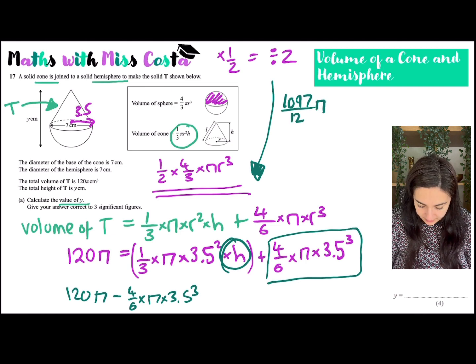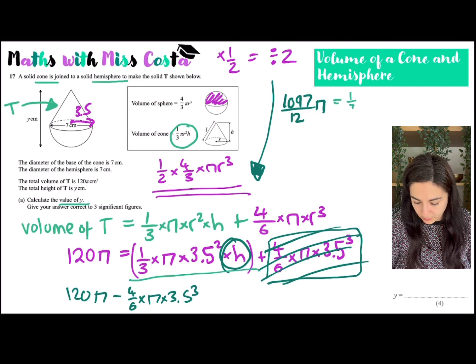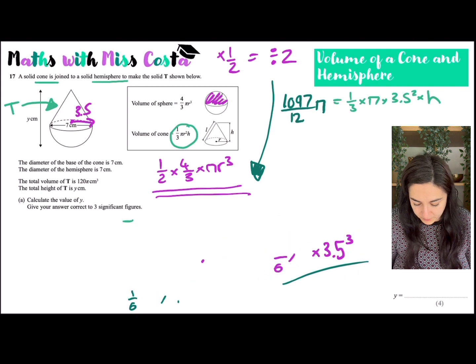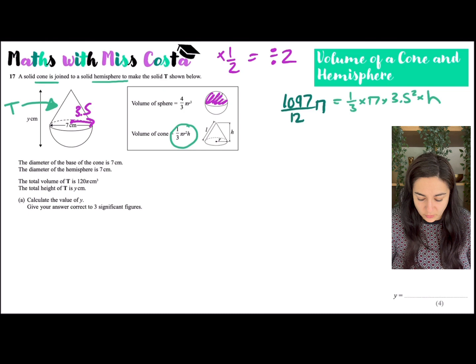So what I've done is I've subtracted this from both sides of the equation. So I'm just left with this bit here now. So this must equal 1/3 times pi times 3.5 squared times by h. I'll just get rid of everything over here so that I can move over here now. So I'm just rearranging it, and it's just got more numbers than usual, but you've got a calculator so you can do this.